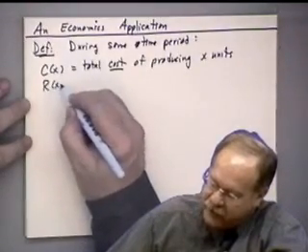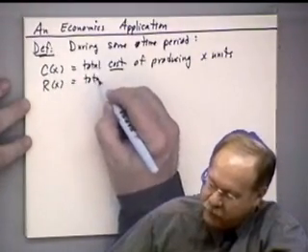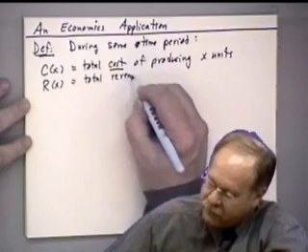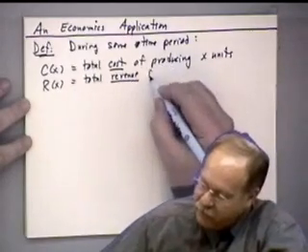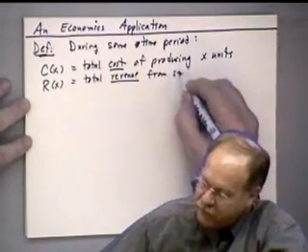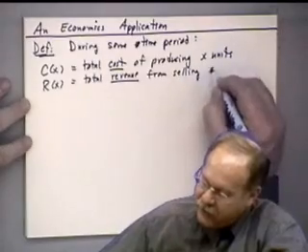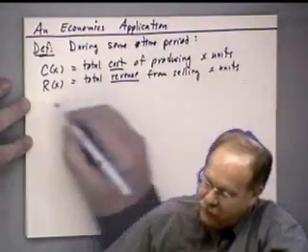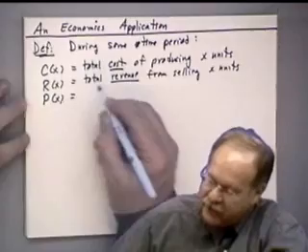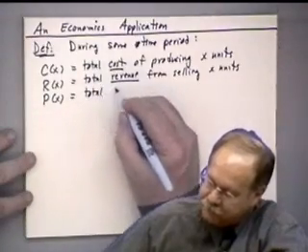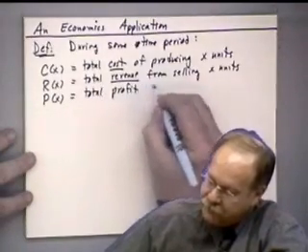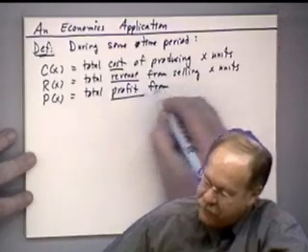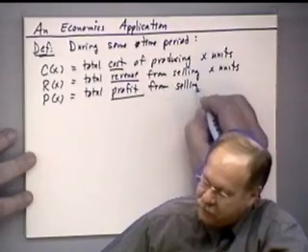Let's let R of x be the total revenue, so R for revenue, from selling. This is the money you bring in from selling x units. And finally, P of x will be the total profit from selling these x units.